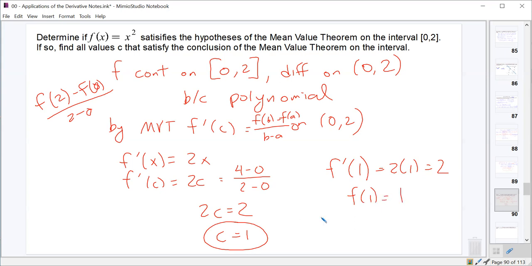So the equation of that tangent line would be y minus 1 equals 2 times x minus 1. And using the point 0, 0, the equation of this line here would be same slope. It would just be y equals that slope of 2, 2x. And we can see that those two lines clearly have the same slope.